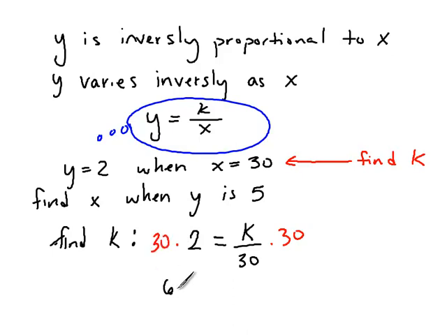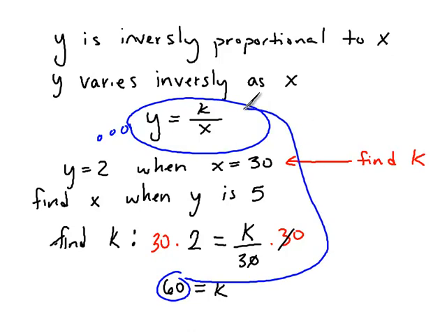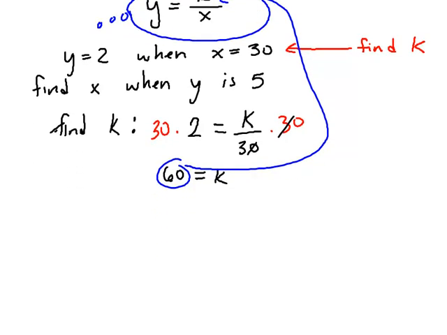We get 60 equals k, because these cancel out. Now, since we have k, we plug that back in for k in the original equation, and we have our equation for this situation: y equals 60 divided by x.